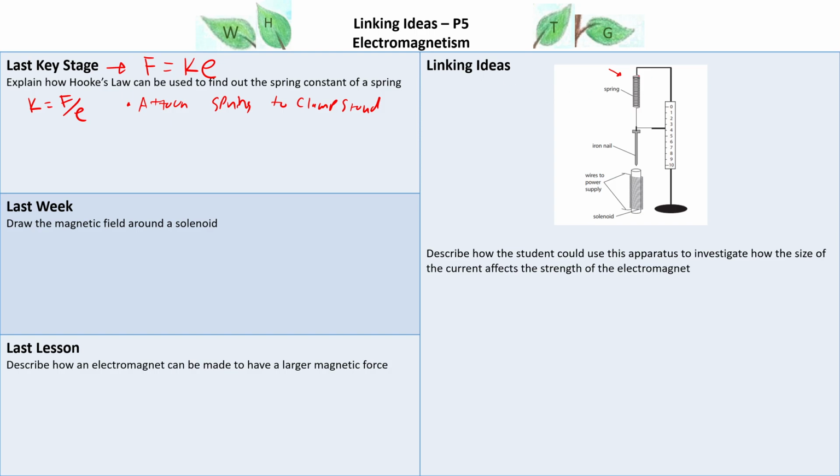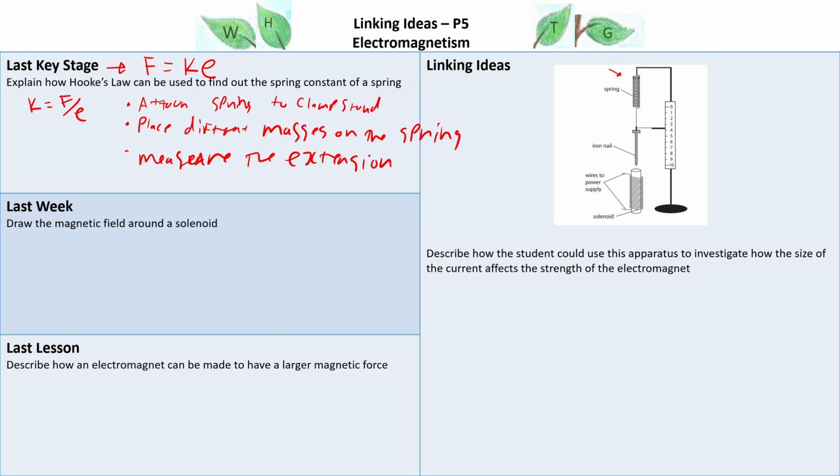You've got a spring suspended from something, okay, and you place different masses on the spring, and then you measure the extension. So attach the spring to a clamp stand, you place different masses on the spring, you measure the extension.